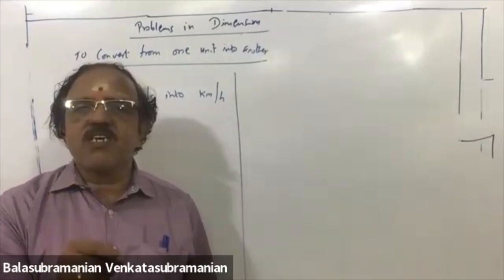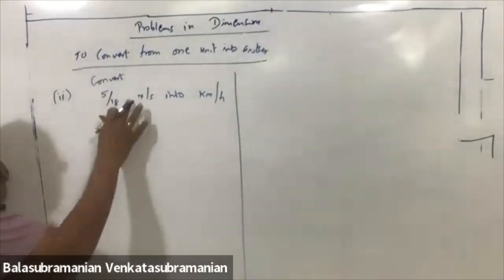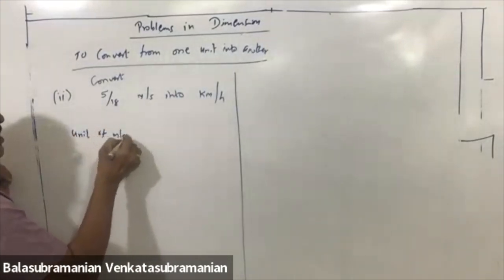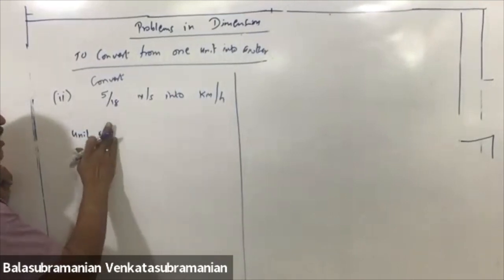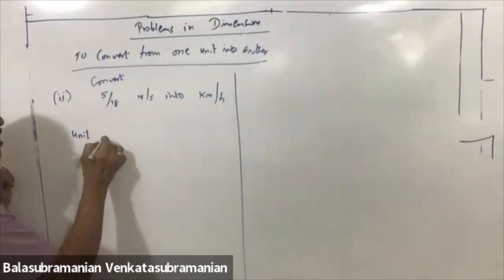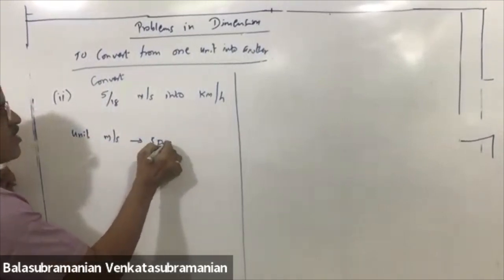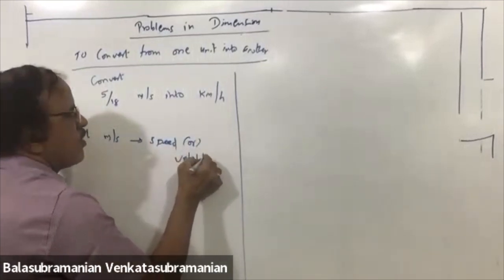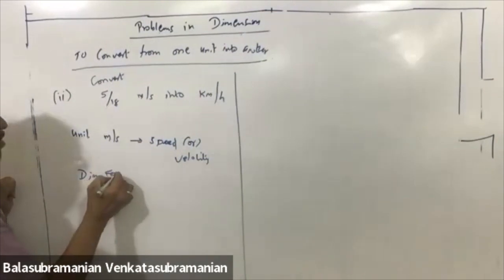Meter per second is a unit of velocity or speed. Dimensional formula, first step.